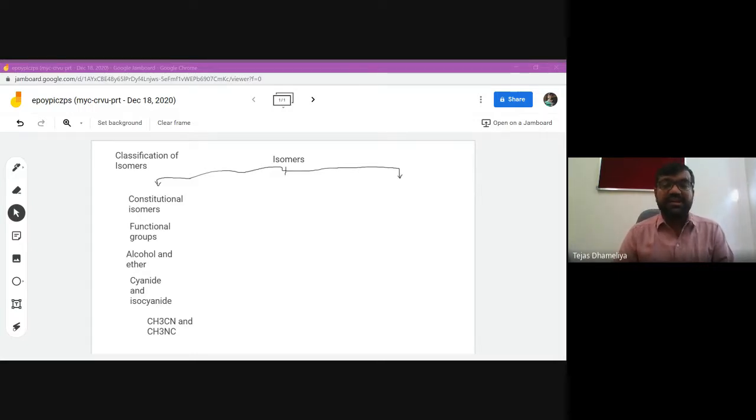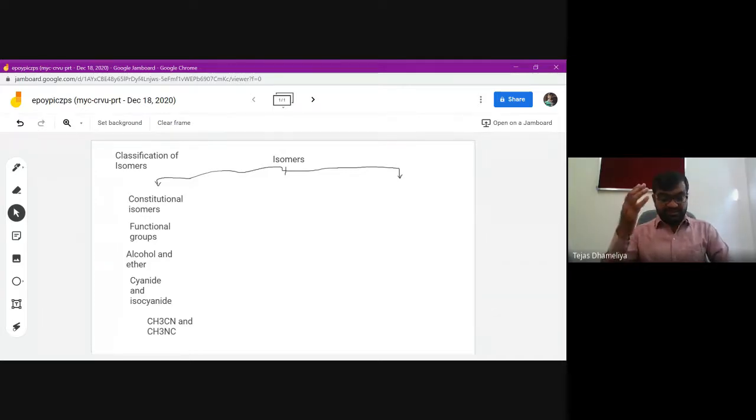So this way, alcohol and ether, cyanide and isocyanide, are functional group isomers, because their functional groups are different, but they have a common molecular formula. So this is basically for constitutional isomers.